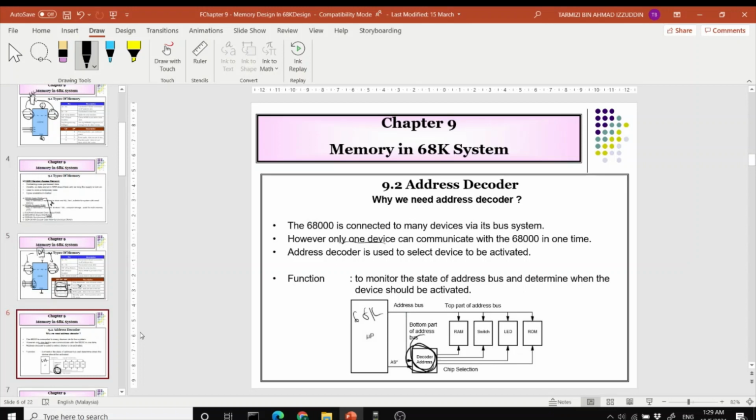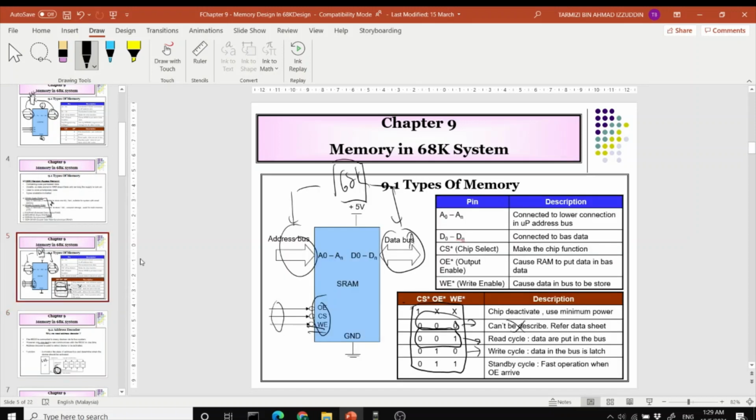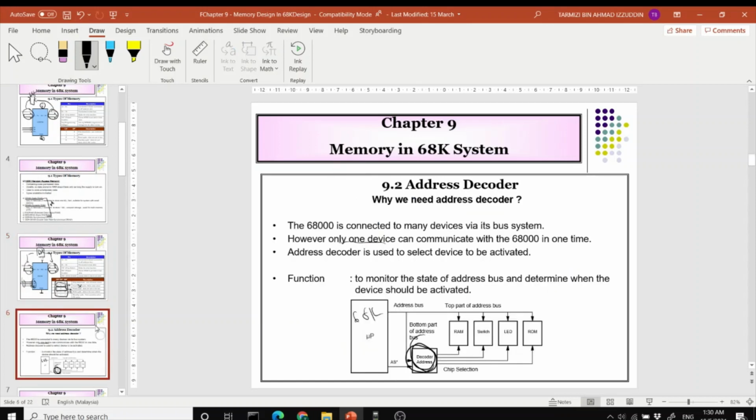Whenever this chip select pin is put to 0, and this is a bit counterintuitive, but you select the device by putting the pin to 0, you can see on the truth table that a mode is being activated.